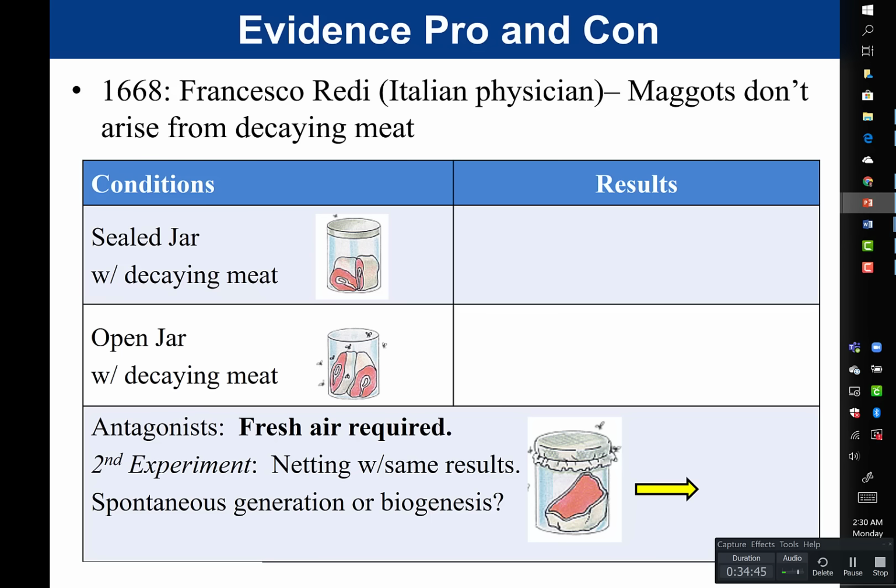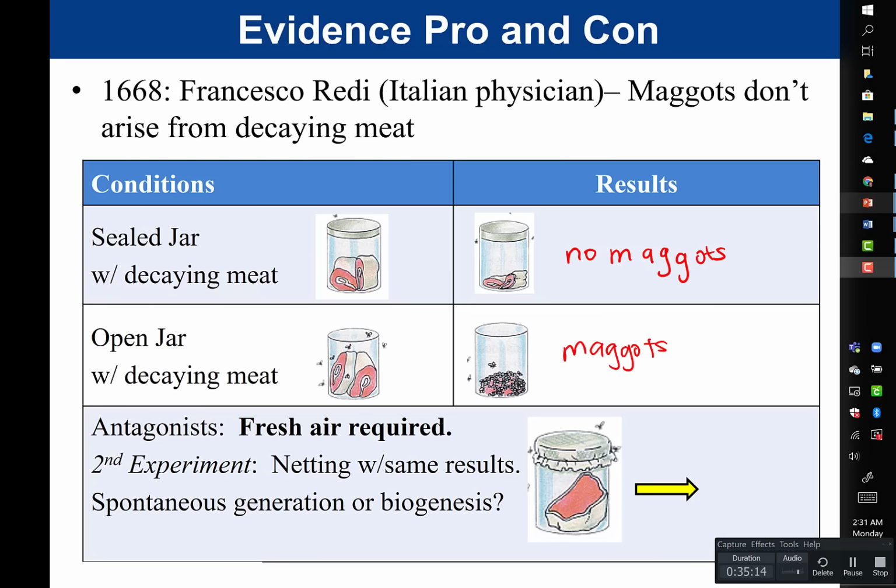The answer was, when the jar was sealed, the meat was starting to break down, but there were no maggots. He repeated the experiment. He now did an open jar, so the lid is off with the decaying meat. And what he saw was that there ended up being maggots on the meat. So basically they said this was in support of biogenesis.